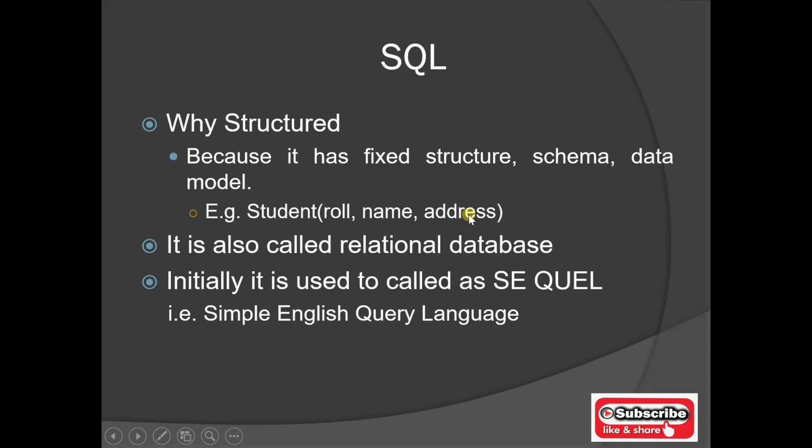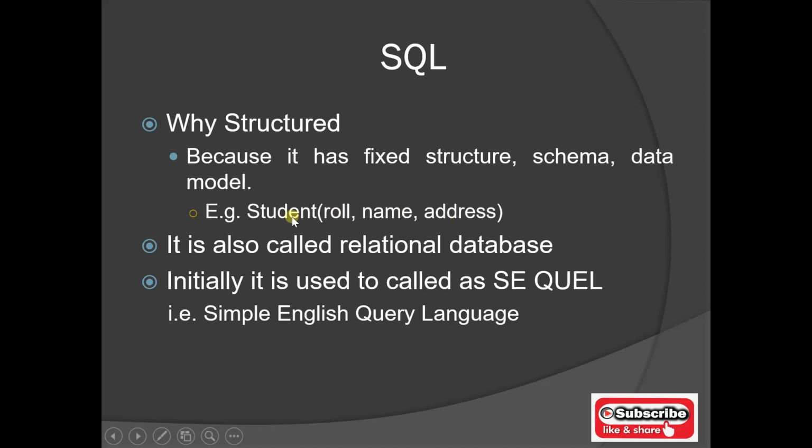So we cannot insert record for class attribute. We cannot insert record for email attribute because initially we have declared student is the table which has only three attributes. So it has fixed structure, fixed schema.